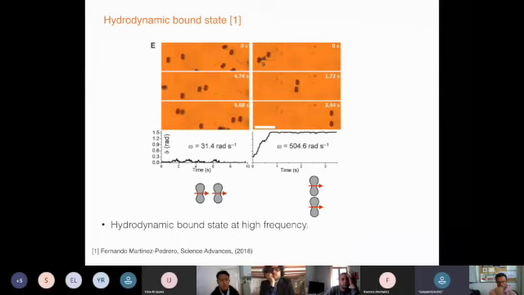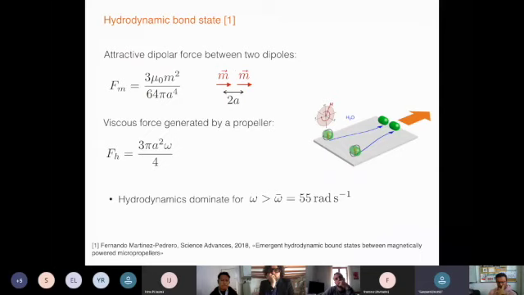At low frequency, you have a configuration where the two peanut particles swim or propel one behind the other, and another configuration at higher driving frequency where they propel side by side. This kind of behavior they call hydrodynamic bound states, and we can understand this as follows.